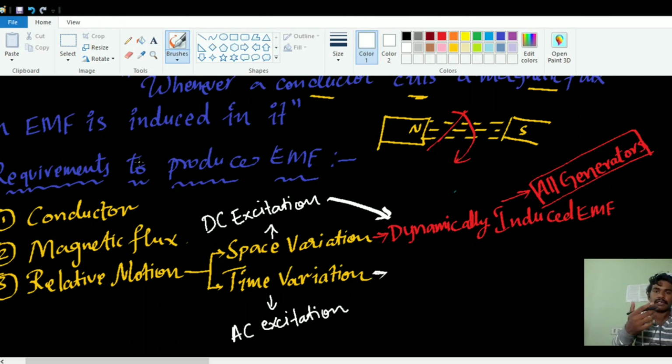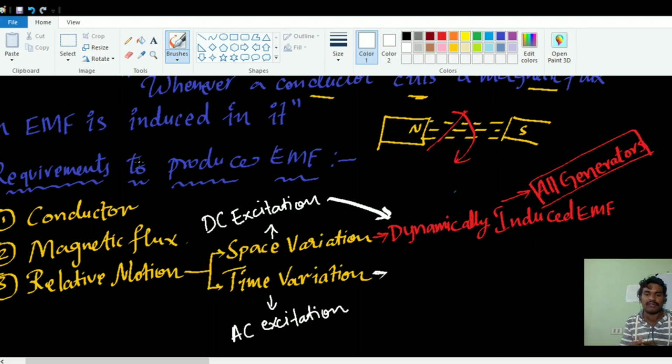Suppose you place a conductor in a magnetic field, but the magnetic field is AC, changing with respect to time. Without having to move the conductor in space, the flux linking the conductor is changing, because of the alternating nature of the flux. So you don't need any movement to change the flux linkages. Automatically you get the flux linkages because of the behavior of the flux, since it is excited by an AC source.